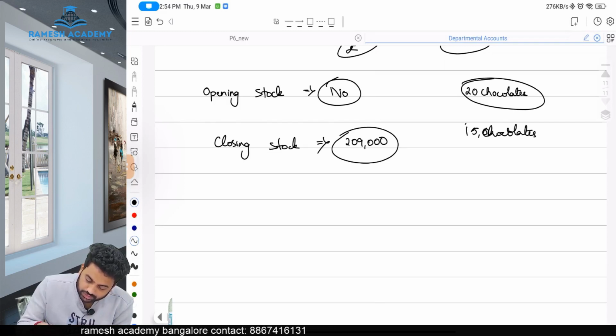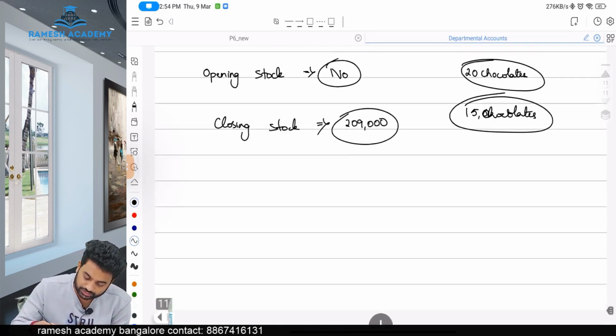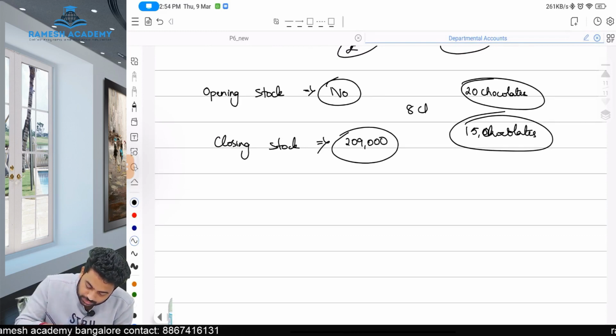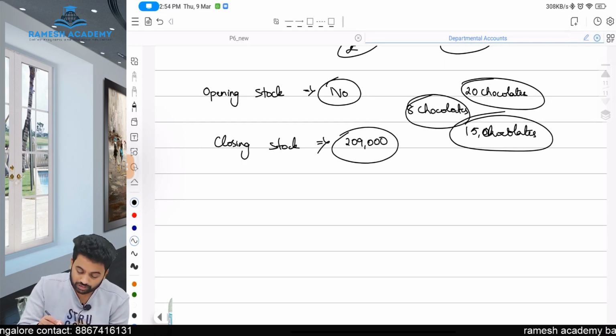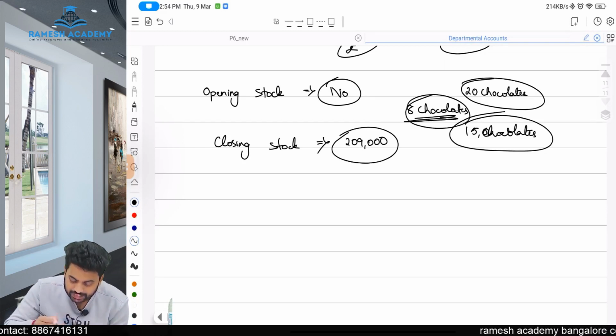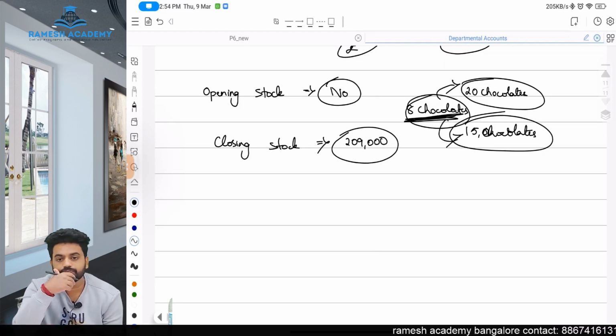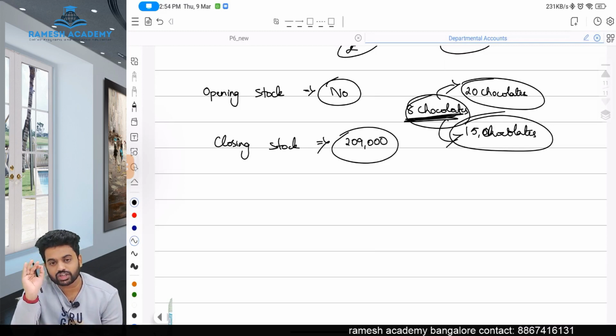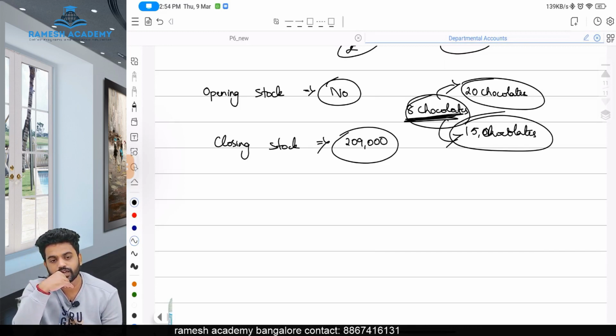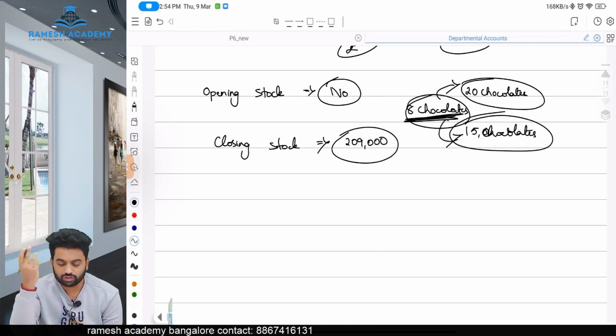Now let us assume 8 chocolates are pending, which you haven't had. Tell me whether these 8 chocolates were given by your mom or by your dad. Don't know, right? Don't know who gave it.